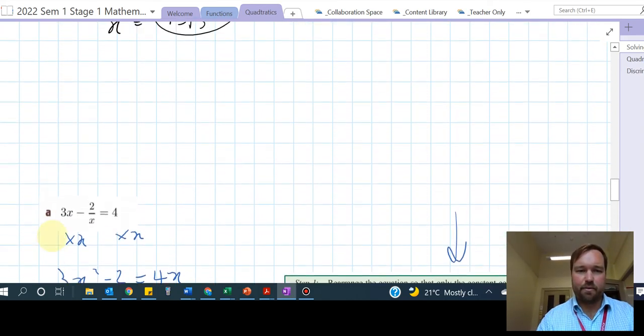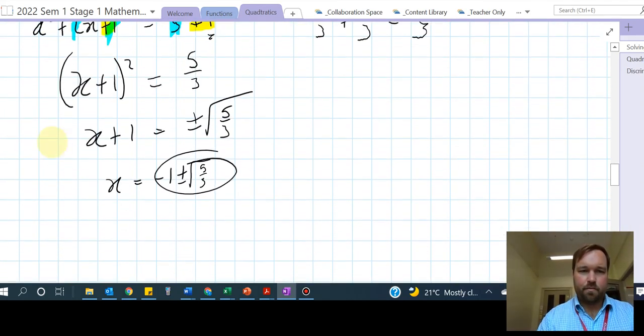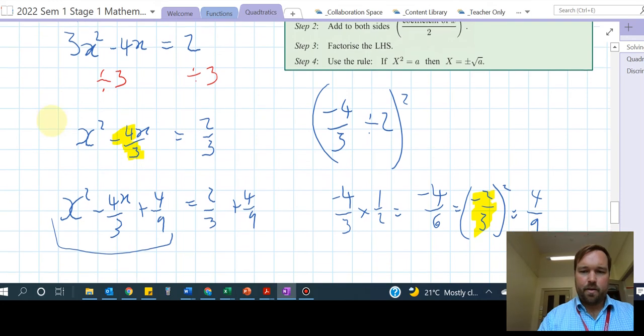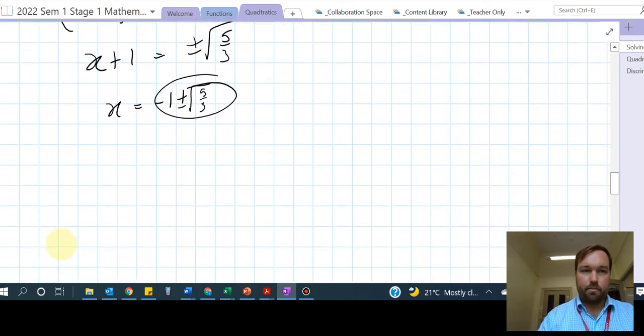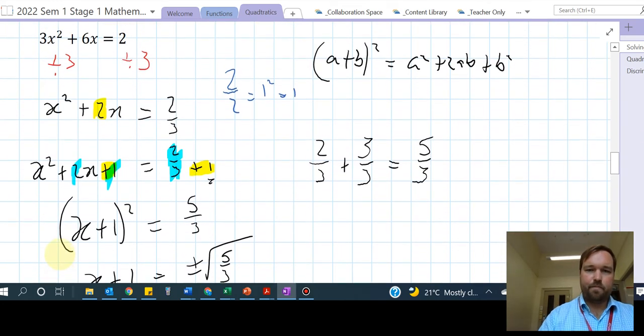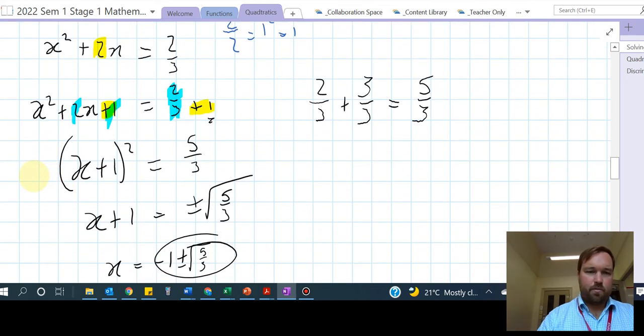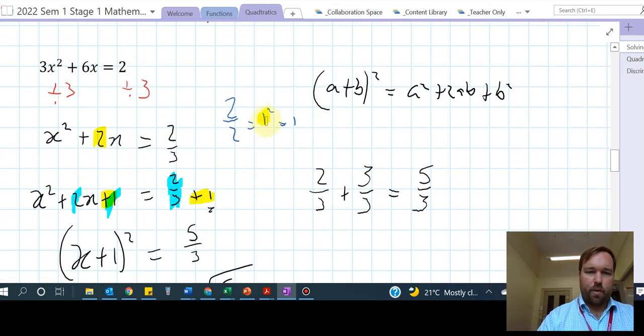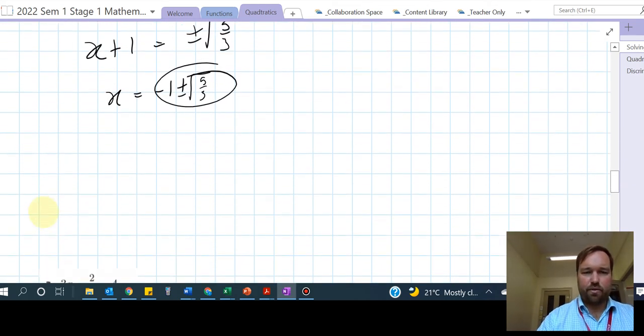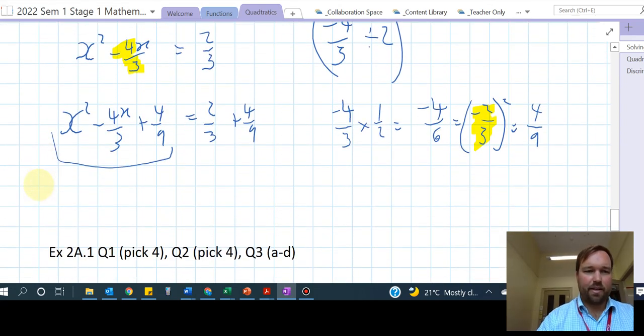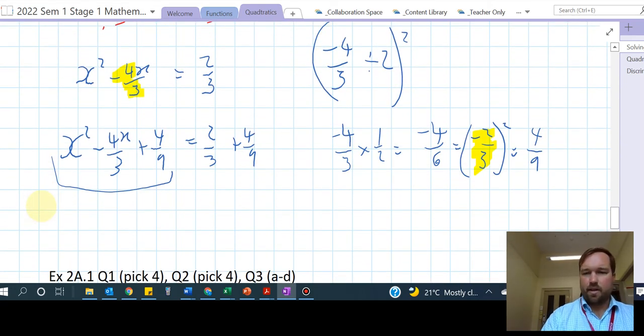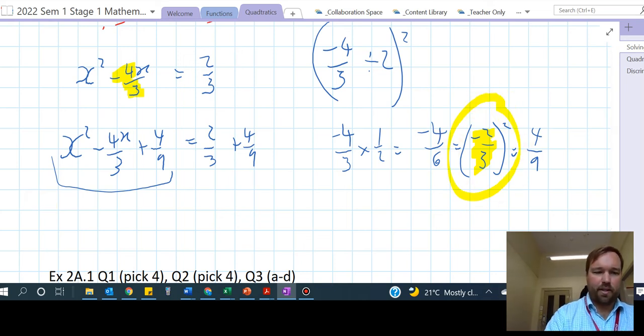You can see up above, that 1 is what we added on and took off, and that 1 was what went in the brackets. Here, the half portion, the minus 2 on 3, is what goes in the brackets.